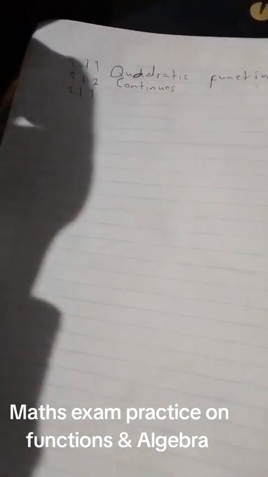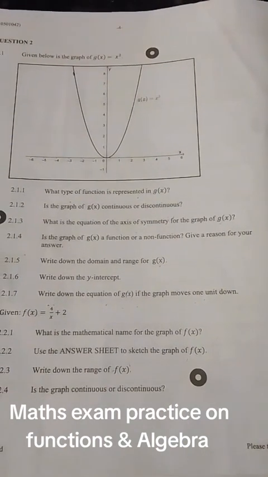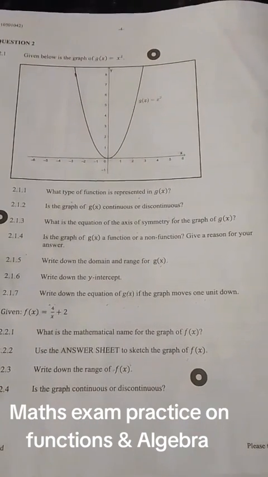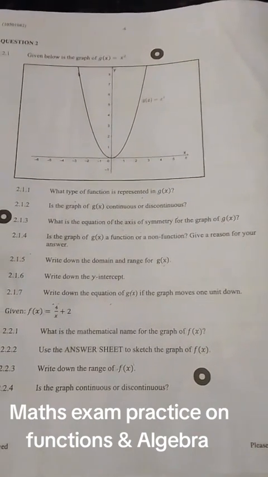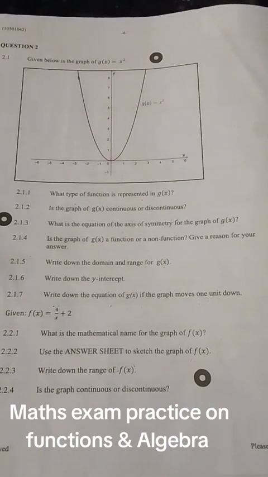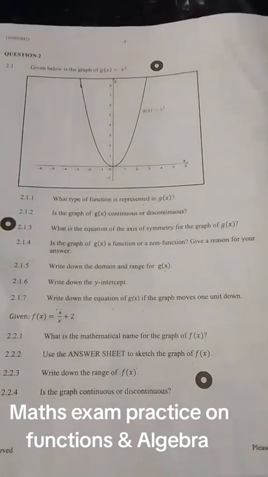Then we have 2.1.3. They say what is the equation of the axis of symmetry for the graph of g. The equation of the axis of symmetry, guys, is the x value of the turning point.